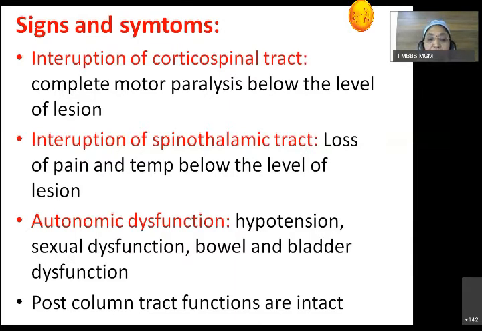But the posterior column tracts are intact. Which tracts are present in the posterior column? Tract of Gall and tract of Burdach. What is the function of these tracts? They are mainly responsible for fine touch and conscious proprioception. So fine touch and conscious proprioception are intact.